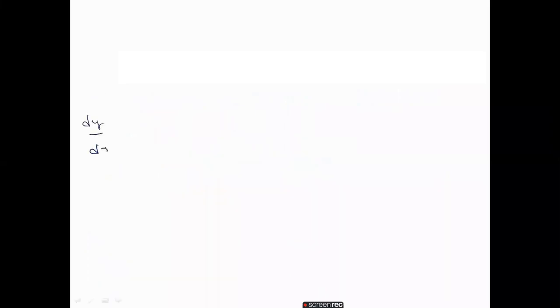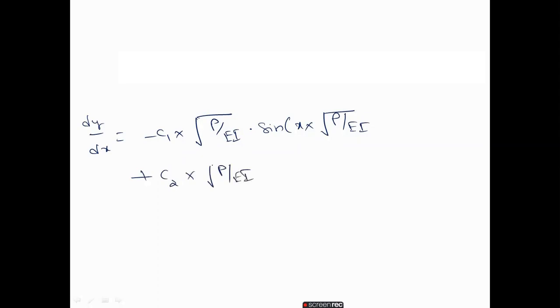That is dy by dx equal to minus c1 square root of P by EI sine x into square root of P by EI, plus c2 into square root of P by EI cos x into square root of P by EI, minus W by 2P. So this is equation number 4, whatever we got till now.